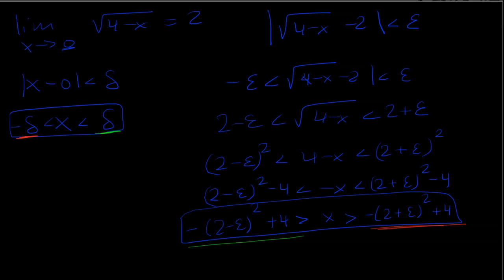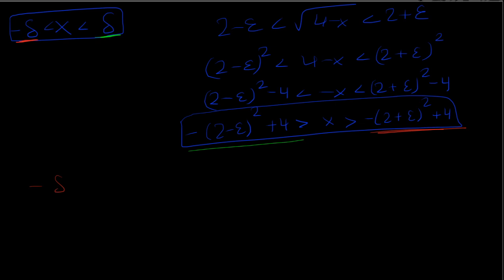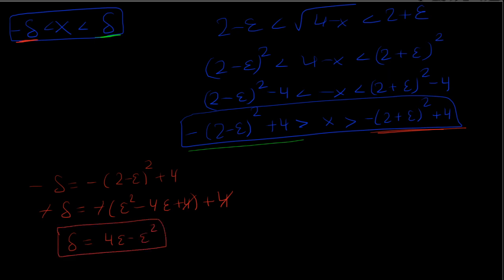So when we do that, we have negative delta equals negative times the quantity 2 minus epsilon squared plus 4. And that's going to be epsilon squared minus 4 epsilon plus 4, and then plus 4. The 4 is going to cancel here, and the negative is going to cancel with this negative. So we'll have delta is equal to 4 epsilon minus epsilon squared.